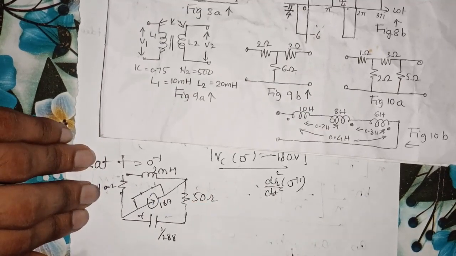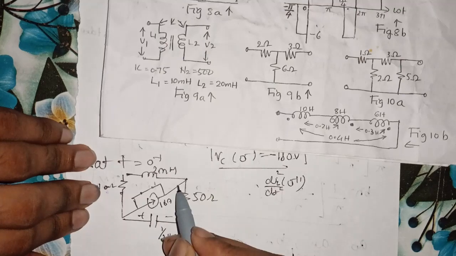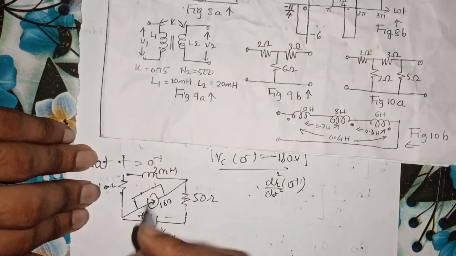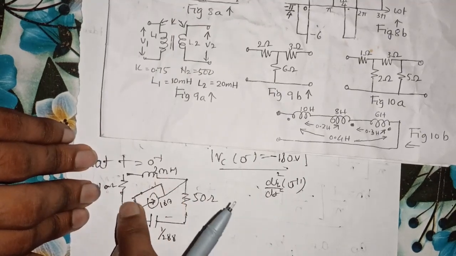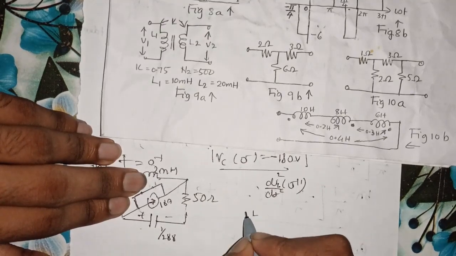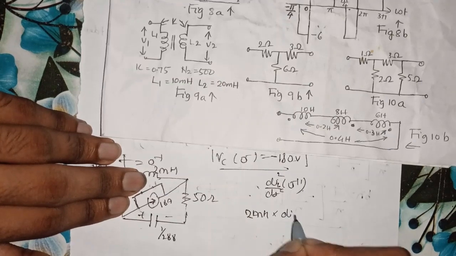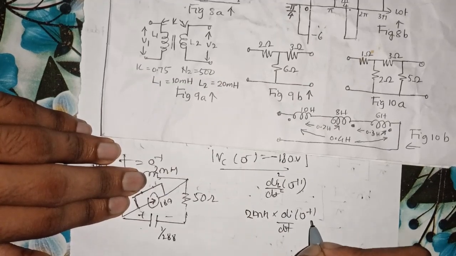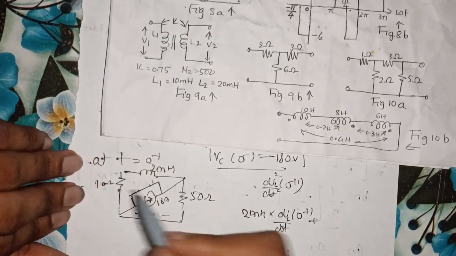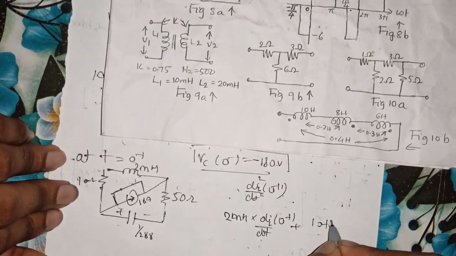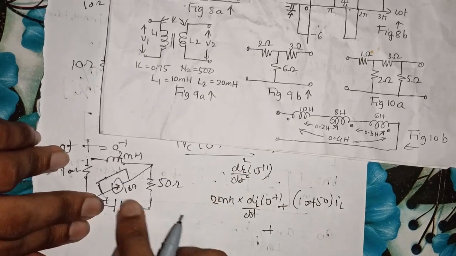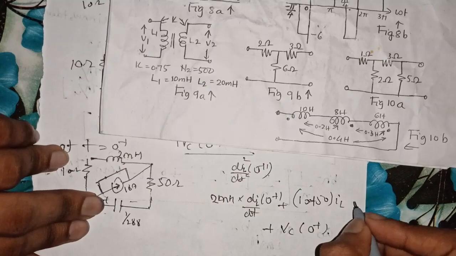So yes, we can apply KVL through this outer loop, neglecting the 18 ampere current source since it has been short circuited by this branch. We know that the voltage across your inductance is L into di by dt, which is 2 millihenry multiplied by di by dt. Obviously at time t equal to 0 plus, the voltage across the inductor is given by L into di by dt, and the voltage across your resistance is 10 plus 50 times IL, plus the voltage across your capacitance, VC of 0 plus.